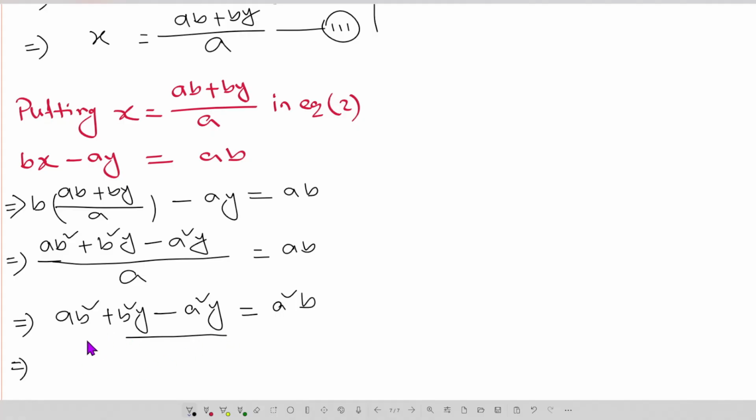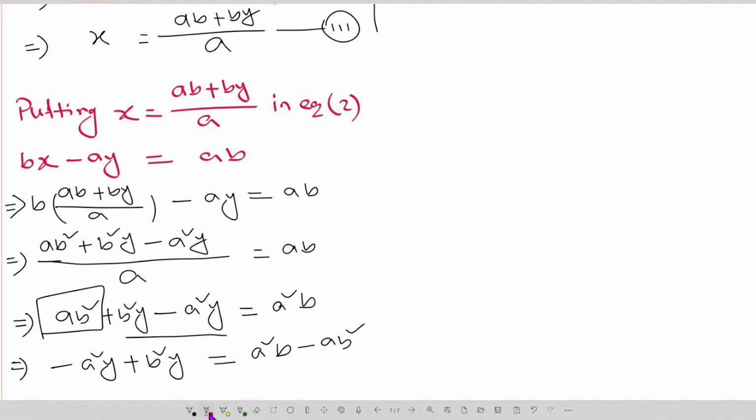So here we can write minus a square y plus b square y equals a square b, and this ab square transfer to the right side, it means minus ab square.